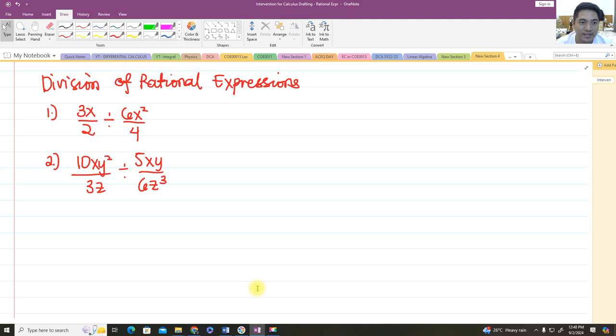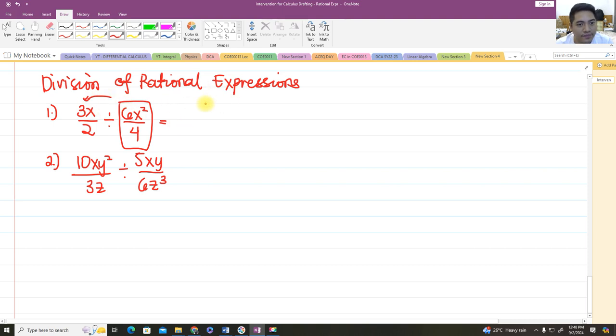Okay, so let's start with this division of rational expressions. We are going to tackle this step by step. When dividing rational expressions, we should always take note that we should get the reciprocal of what we are dividing the expression by.